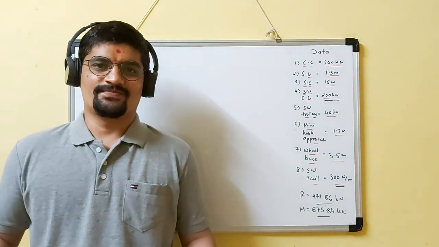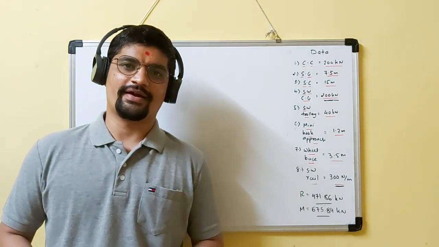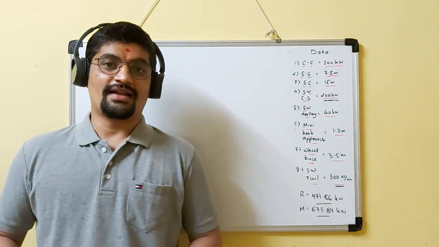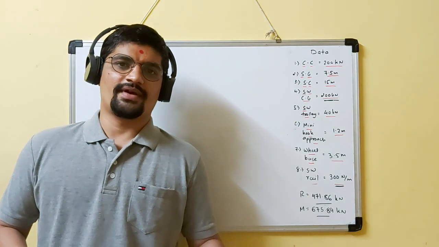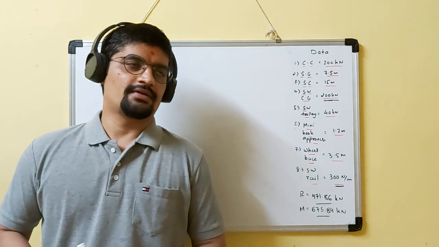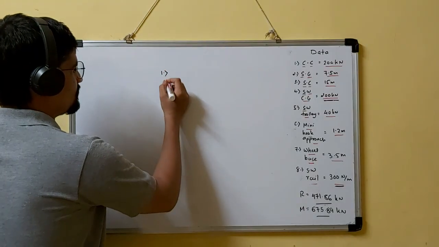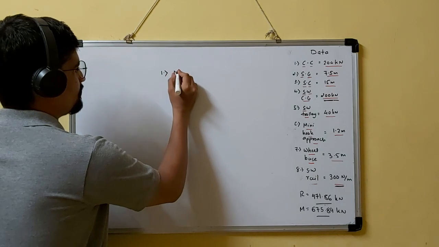Today we are here to continue our example. In the last lecture we studied the three steps of the gantry girder. The first one was maximum wheel load.